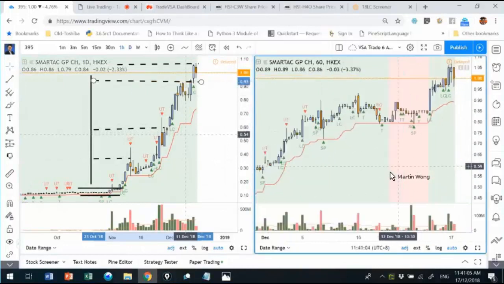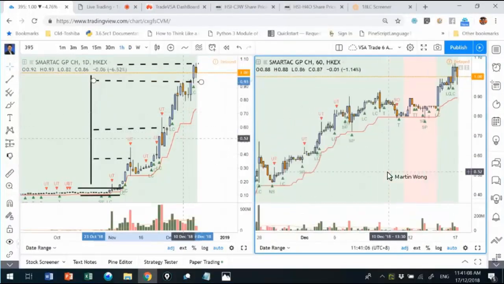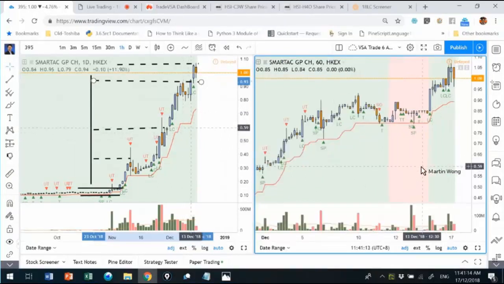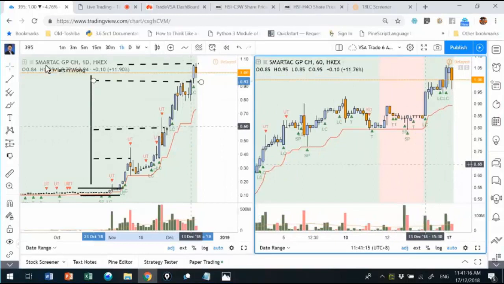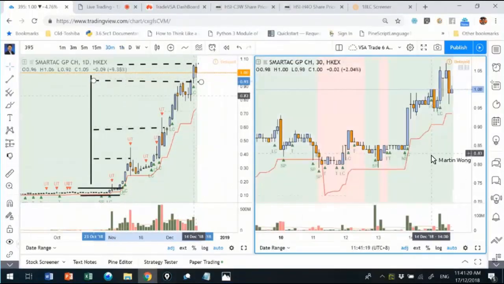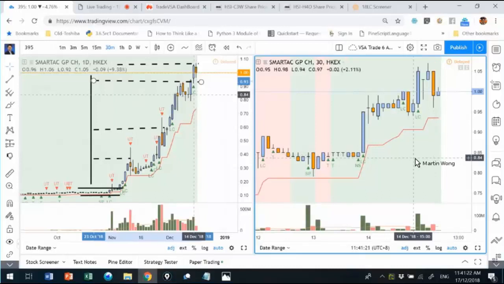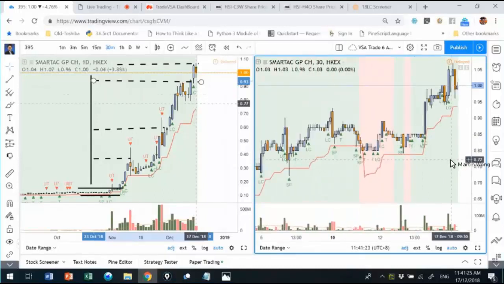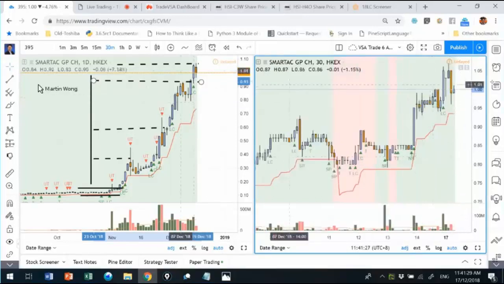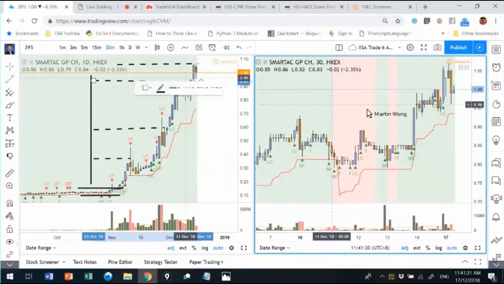Looking at this hourly chart over here on my left-hand side, if you are looking to trade a very short term one, like for example J, based on hourly chart, or even 30-minute, you can choose 30 minutes over here. I can spot some potential entry here if you are looking for probably just 5% or 10% profit.